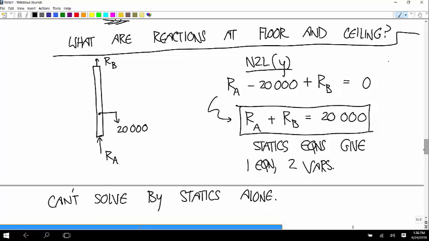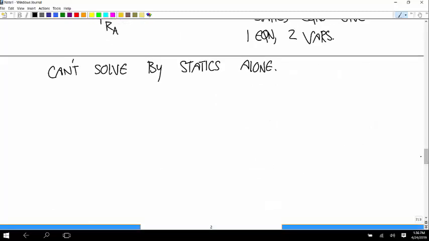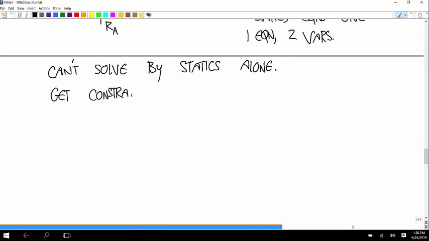Variables and unknowns are the same. Okay, so now we need more. The extra information we're going to get is the constraint equations from the elongation or contraction.